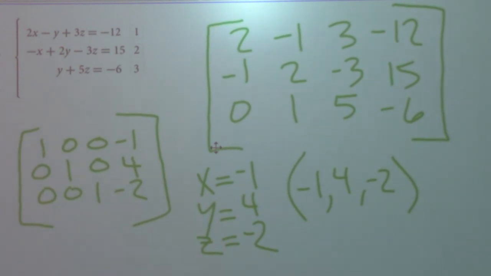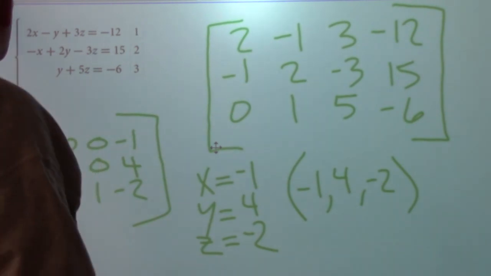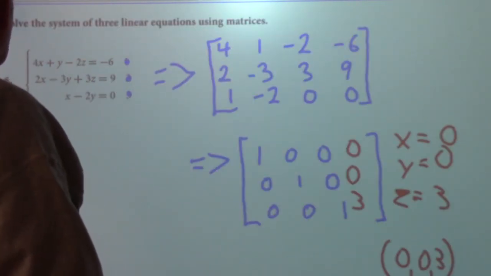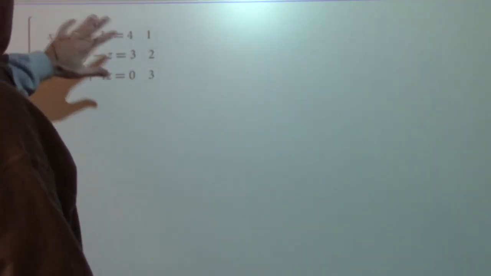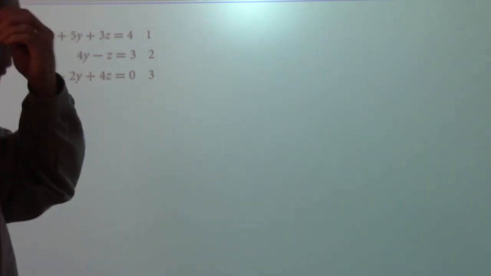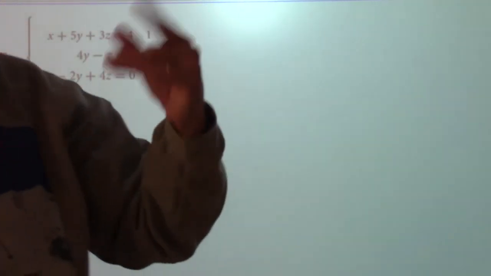All right, everybody seeing that and doing okay on this now? Okay, what I want you to do is fast forward to number 7. So work out number 7. I'll call on somebody for number 7 here in a few minutes.